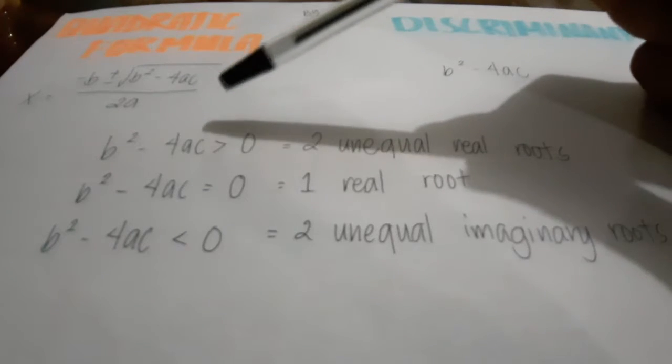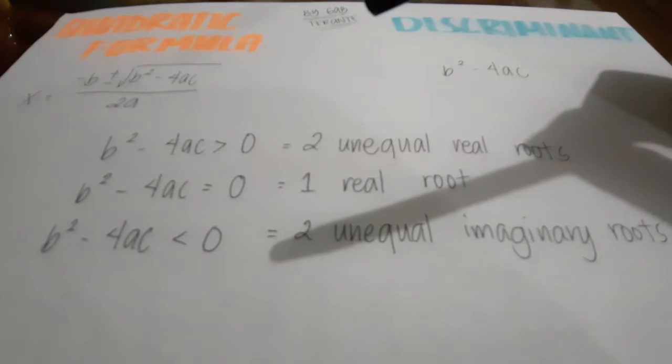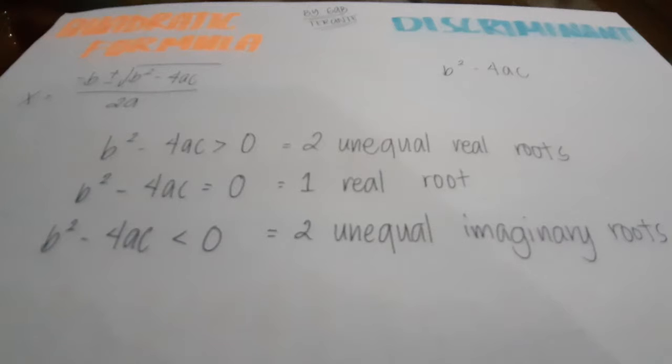So if our discriminant is greater than 0, the quadratic equation has two unequal real roots. If the value of the discriminant is equal to 0, then the quadratic equation has one real root. And if the value of the discriminant is less than 0, then the quadratic equation has two unequal imaginary or complex roots.